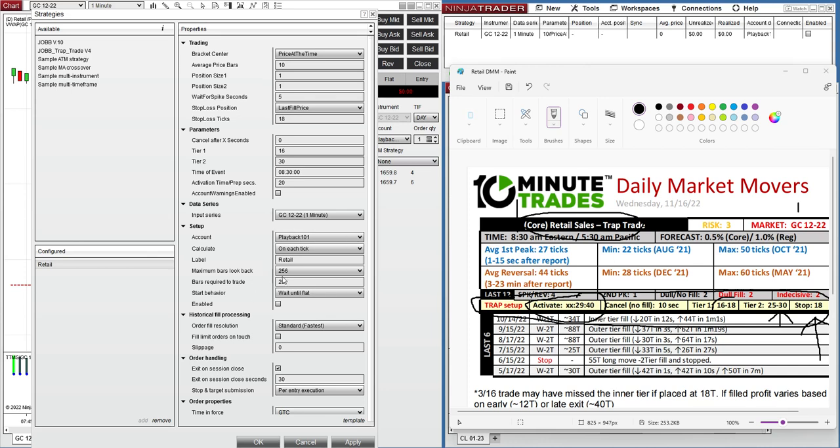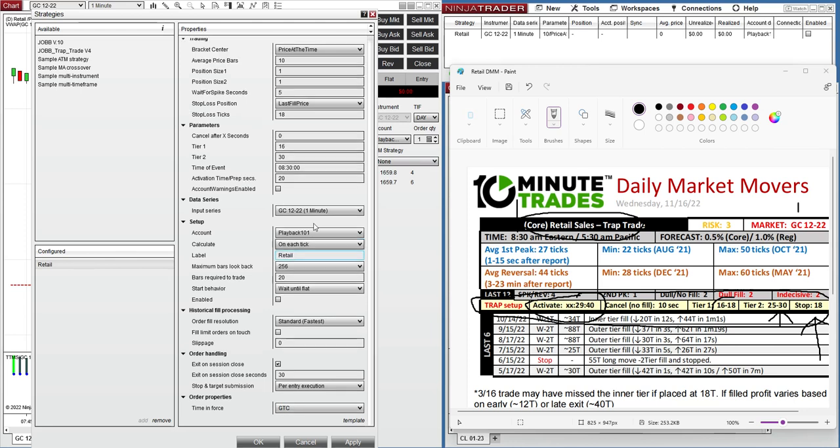Then you're going to look down, make sure your account is on the account you're trading, sim or live or playback. You can label the trade if you want to. Account warnings, I turn them off. So if I'm trading live, it doesn't bother me by asking me, are you trading live?